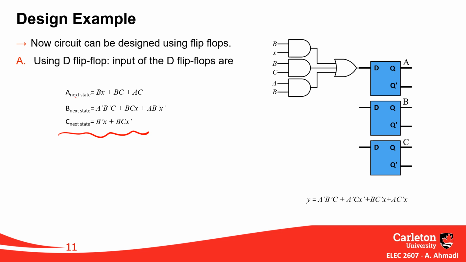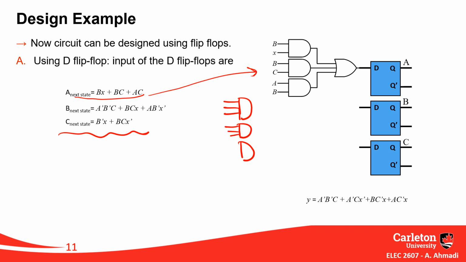For instance, if I implement the first one, I'll get this. For the second one, what I have is 3 AND gates. 1, 2, 3 AND gates.